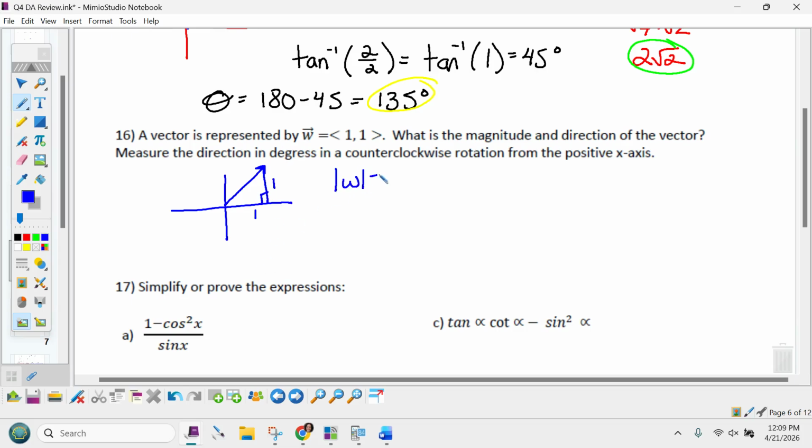So the magnitude is the square root of 1 squared plus 1 squared. That's the square root of 2. And we've got tangent inverse. That's another 45-degree angle. And that actually is the direction because our vector is in quadrant 1.